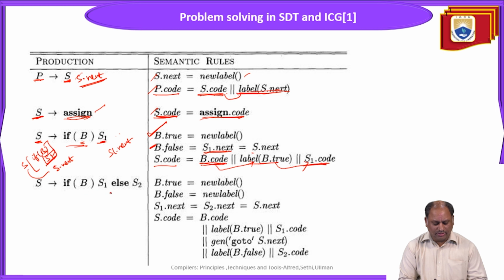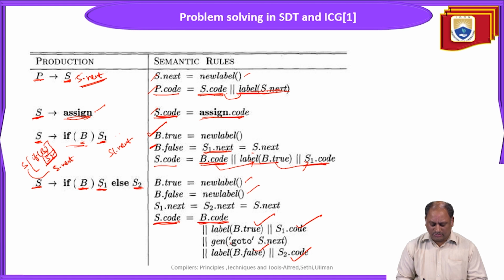Similarly here, if B S1 else S2. That means we are going to create a true label and a false label also. Then the left side statement code is assigned the code for the Boolean expression evaluation to true and false. Suppose it is true, what is the code? S1 dot code is to be executed. If it is false, S2 dot code will be executed.